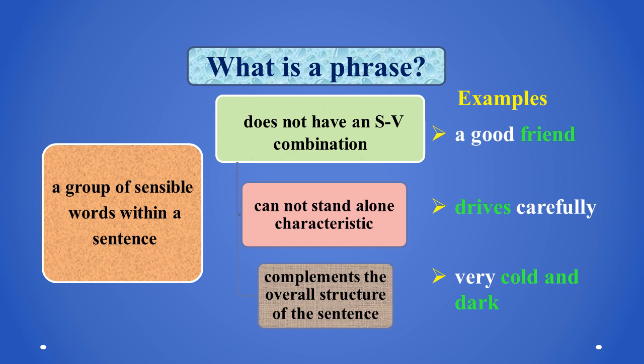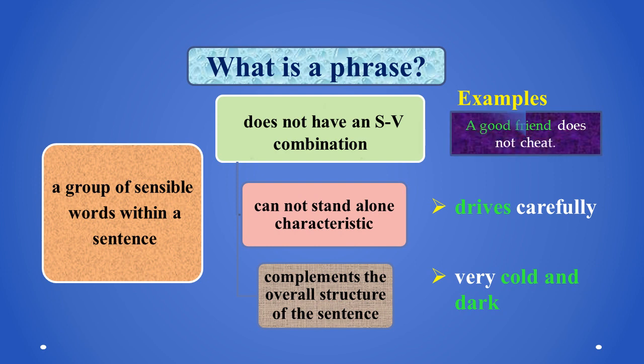A good friend, when it acts as a subject, the sentence may be a good friend does not cheat. Here, a good friend phrase is acting as the subject of the sentence. It is complementing the overall structure of the sentence. The same is the case with other phrases.